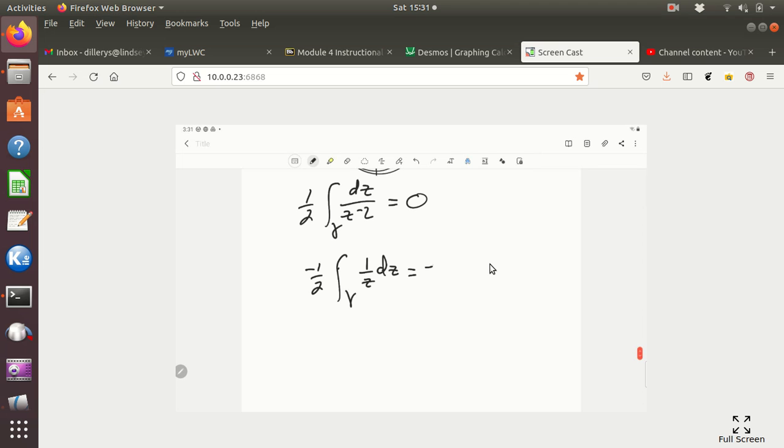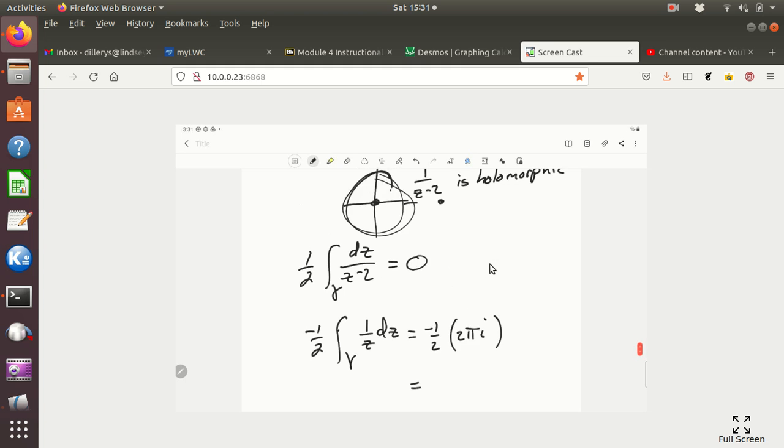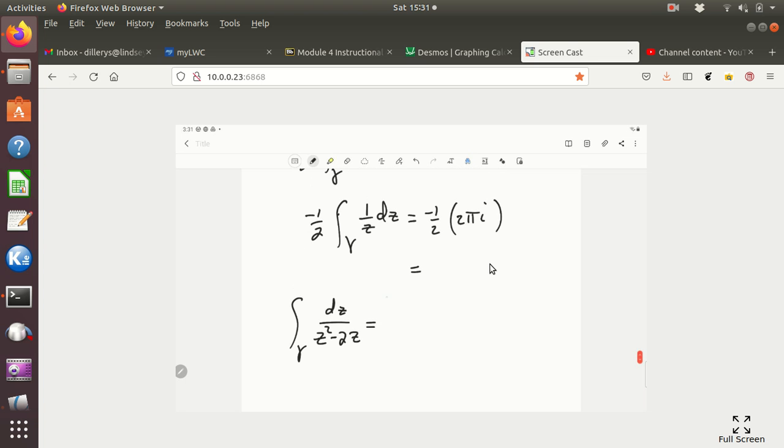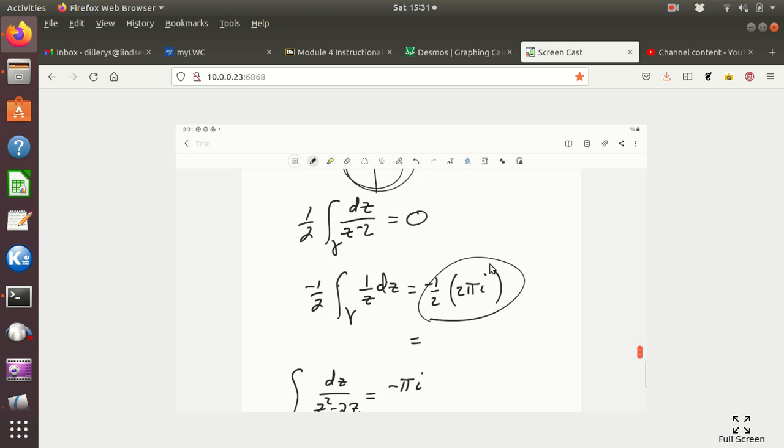And so this is minus 1/2 times 2 pi i, because that's something we already knew. Let me rewrite the whole thing. Integral over gamma dz over z squared minus 2z is equal to then minus pi i, because that is what's left here, and the other part was 0. So we didn't have to actually deal with any of those curves other than to know where gamma was, so that we knew something about this one here.